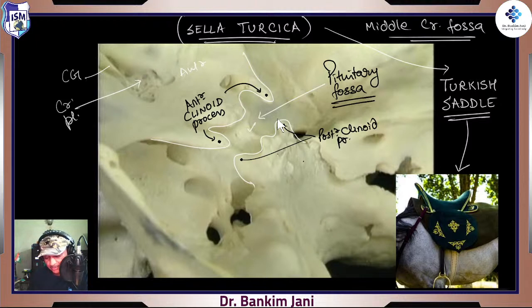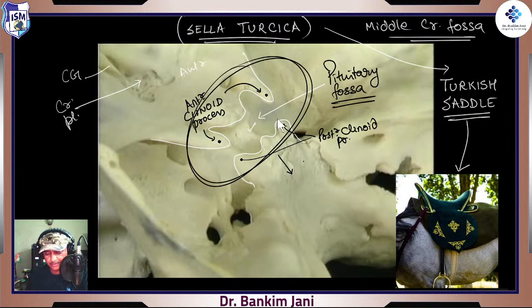Because over here there is a slope, and we need to give some name to that slope. This is just behind the saddle, our Turkish saddle, which was over here.